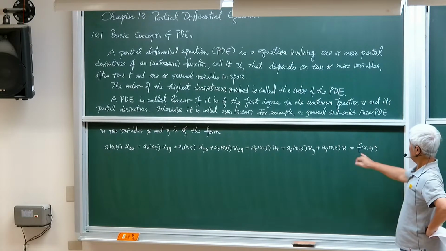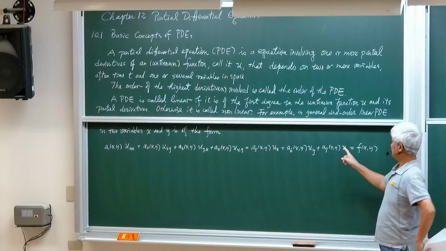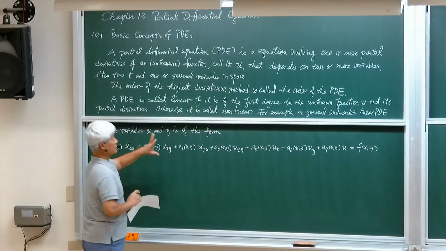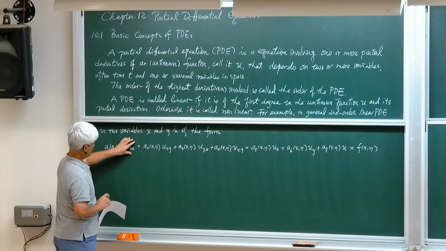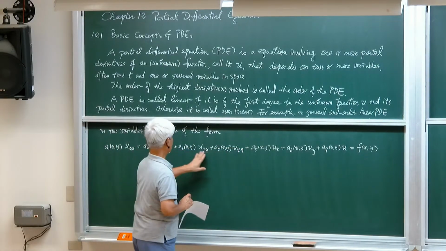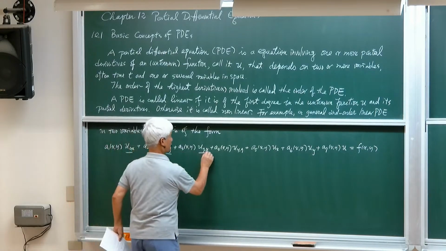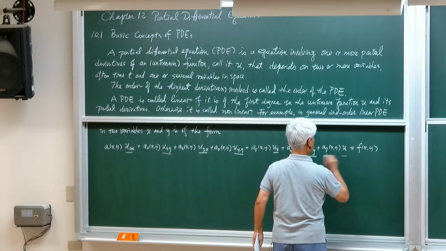Okay, so the unknown function u is a function of x and y. Okay, and as you will see, because it's second order, we have u_xx, u_xy, u_yx, u_yy. Okay, so these are all partial derivatives, and the unknown itself.